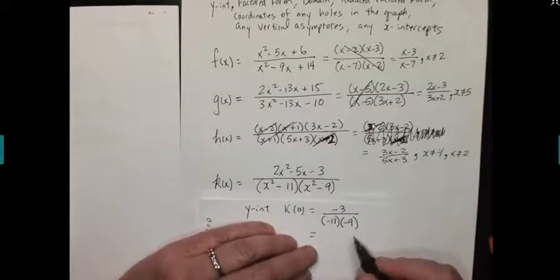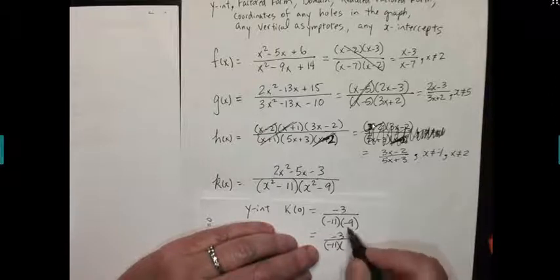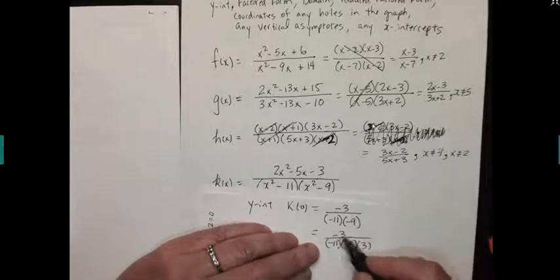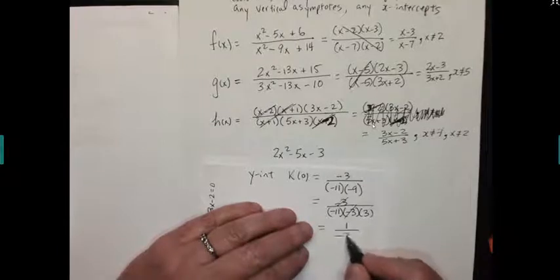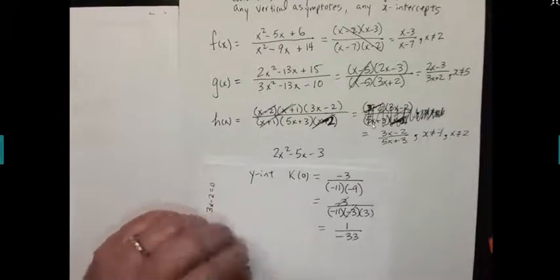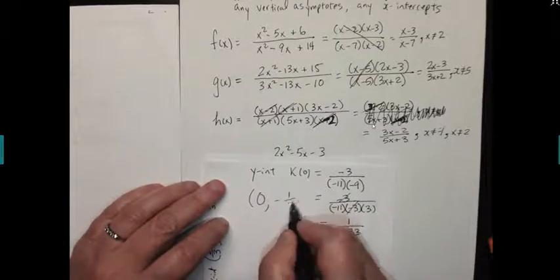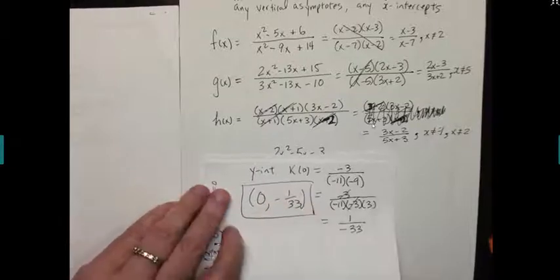And I can write -9 as -3 times 3. And so after cancellation, I'm going to have that. So my y-intercept is the point 0, -1/33. Okay.